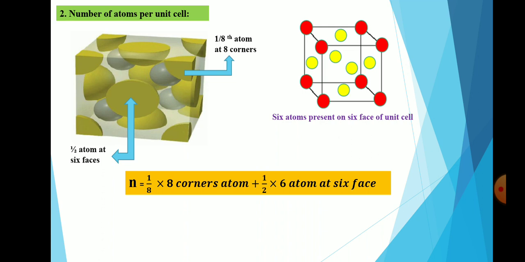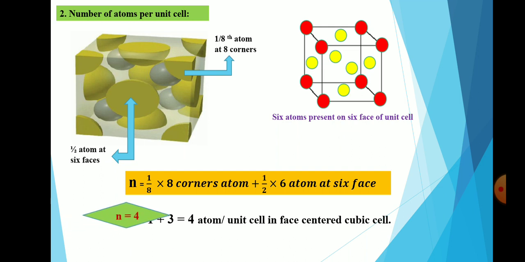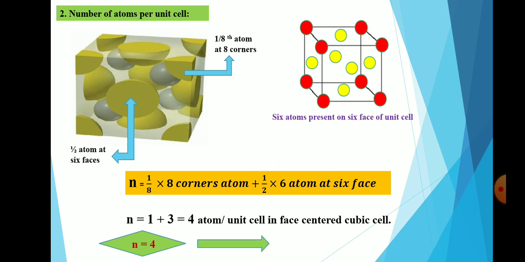So 1 by 8 into 8 gets cancelled to 1, and 1 by 2 into 6 is 3. So we get n is equal to 1 plus 3 is equal to 4 atoms per unit cell in face centered cubic cell. So the number of atoms present in an FCC is n is equal to 4. We consider it is equation 1.